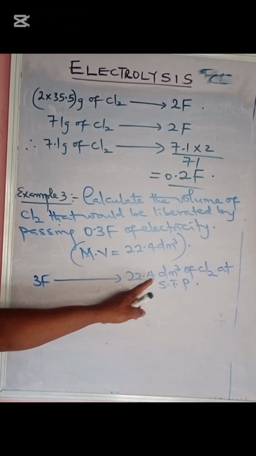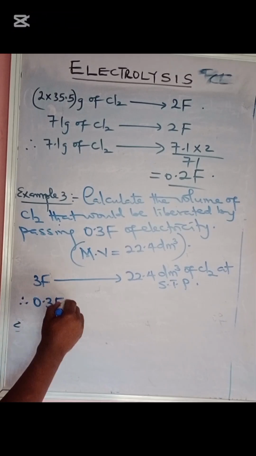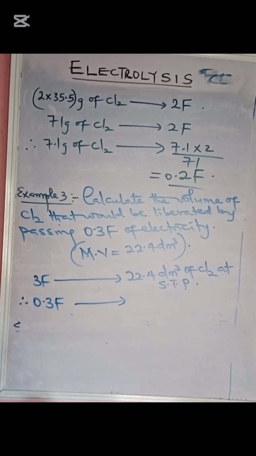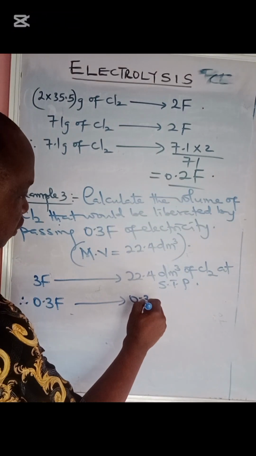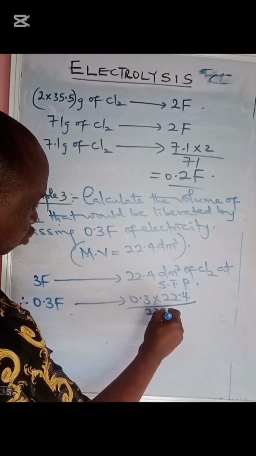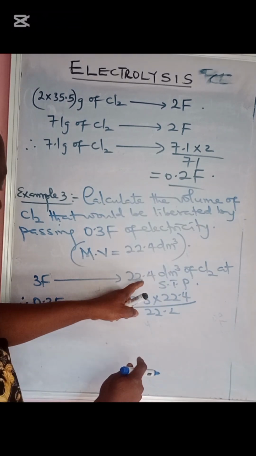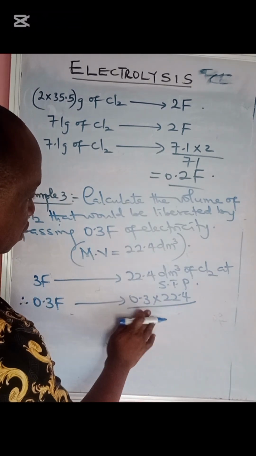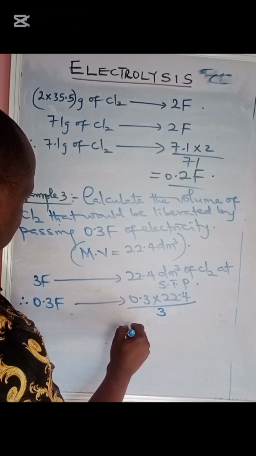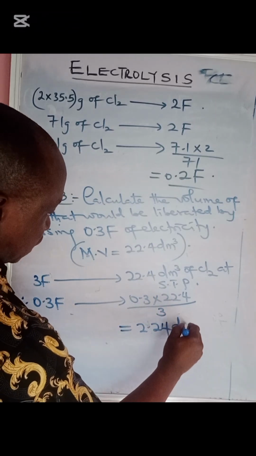Therefore, if you pass 0.3 Faraday, it will be 0.3 times 22.4 divided by 3, rather divided by 2. So 3.36 dm³.